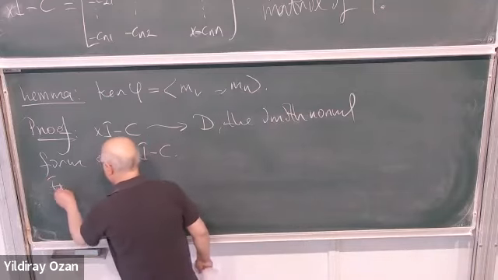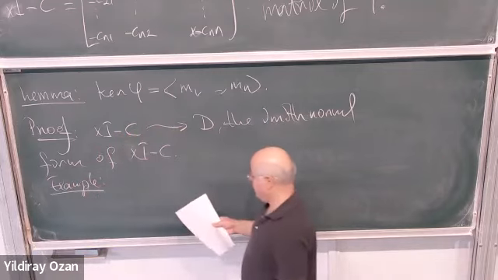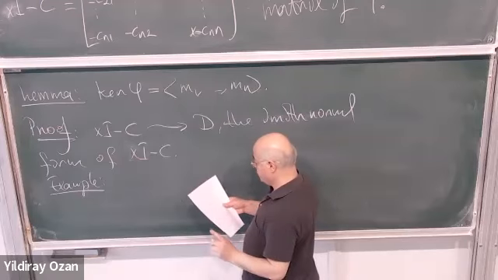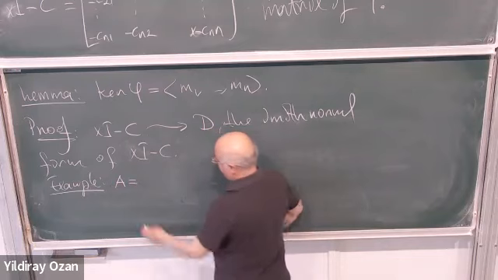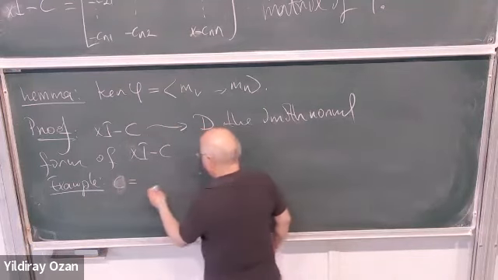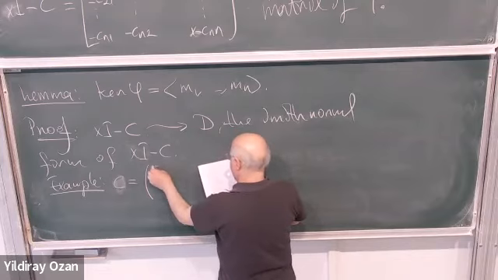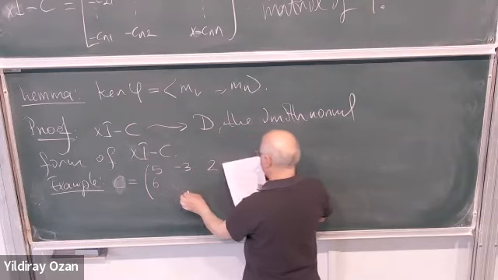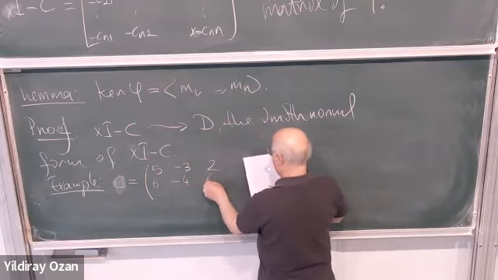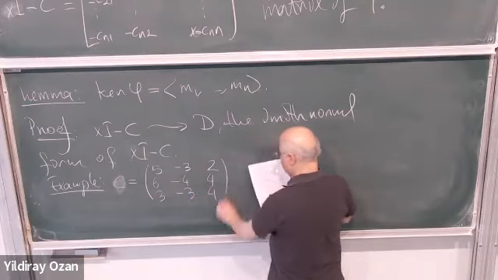So, an example. A mesela şu matris olsun. 5, eksi 3, 2, 6, eksi 4, 4, 3, eksi 3, 4.